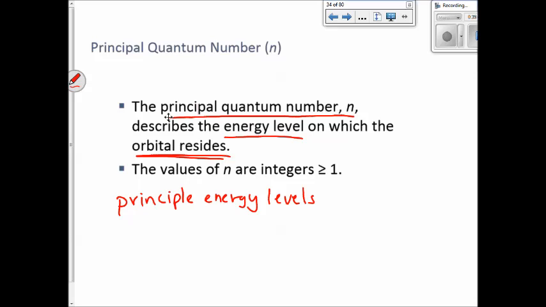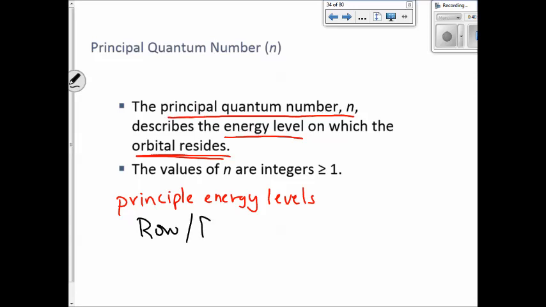The row on the periodic table. That's what I was hoping to hear. We use the periodic table, the row you're in.